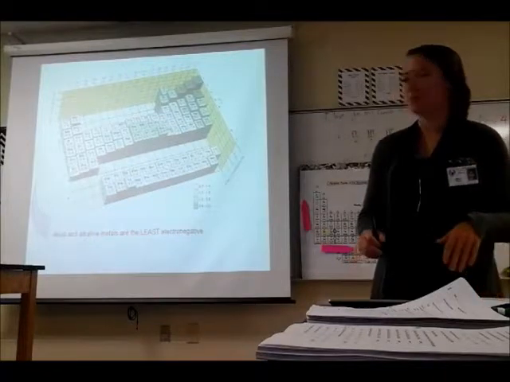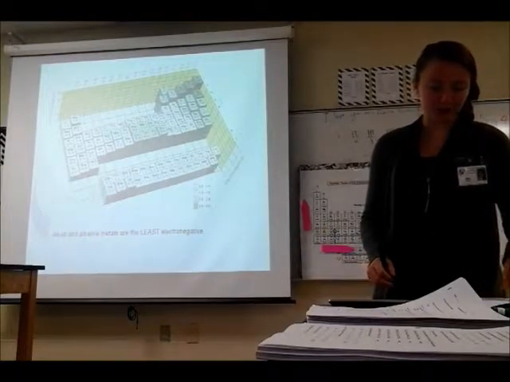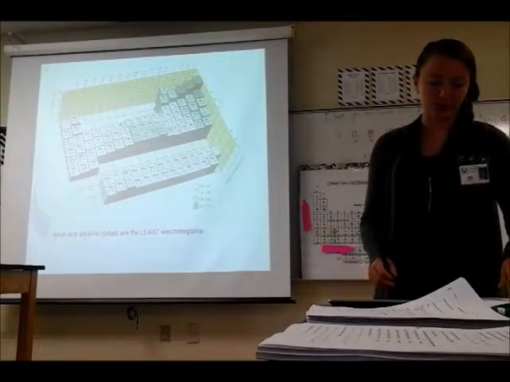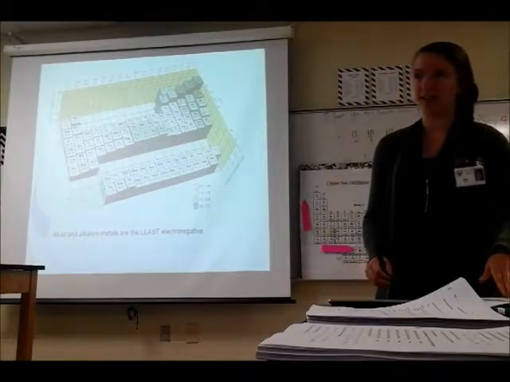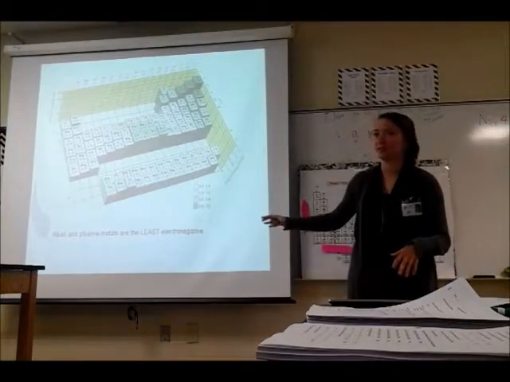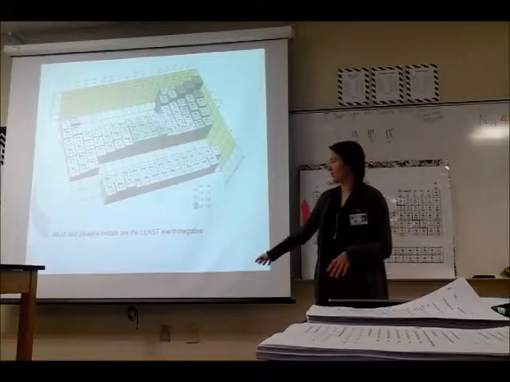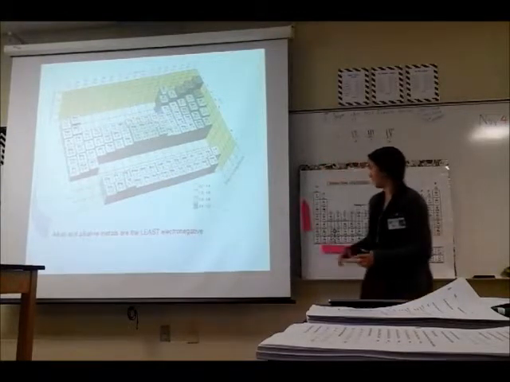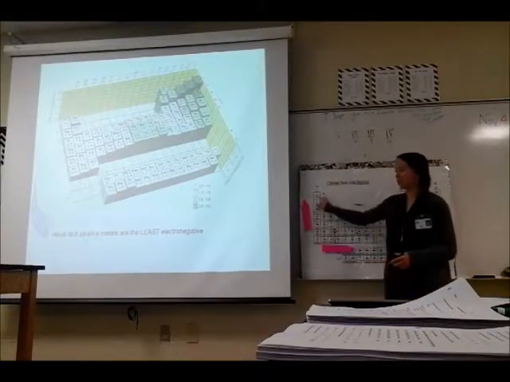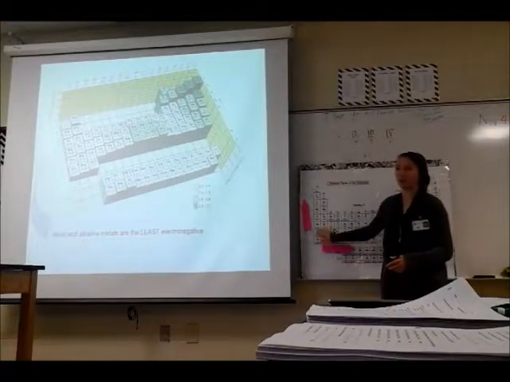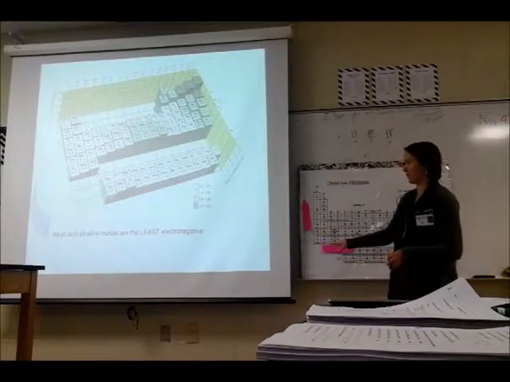Alright, so on your notes, what are the least electronegative atoms? Who is the least electronegative? Alkali and alkaline. So your first two columns, your +1, +2, they're the least electronegative.